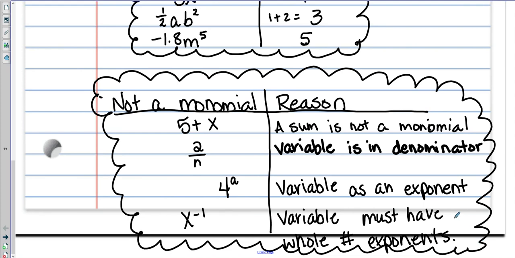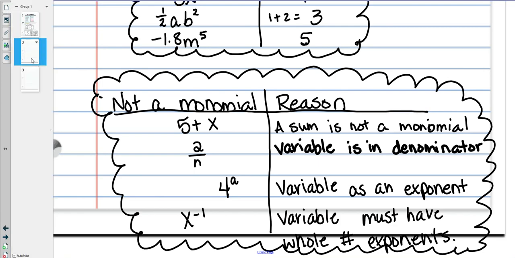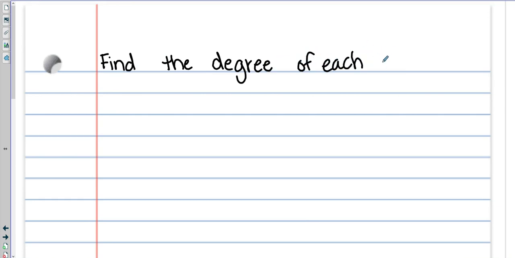Let's look at some examples. I'm going to go to the next page. Okay, so the directions say: find the degree of each monomial.